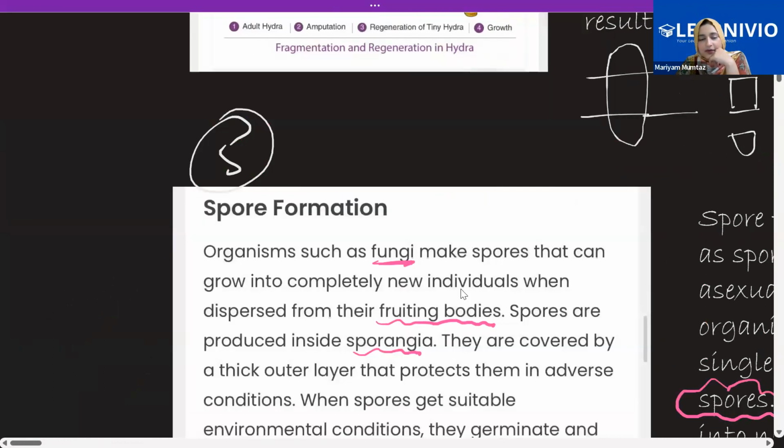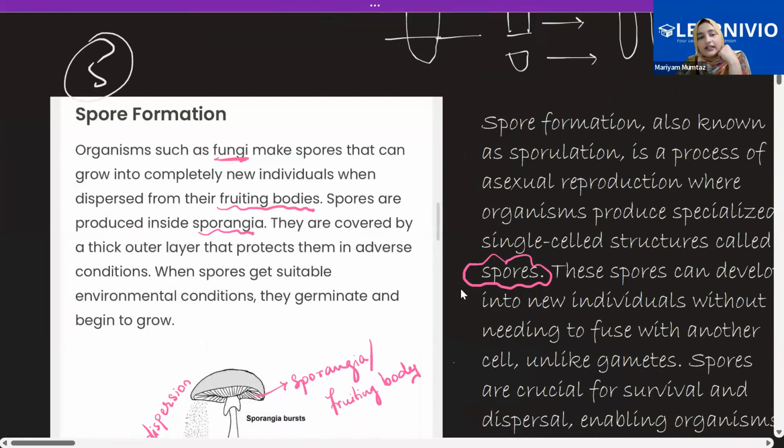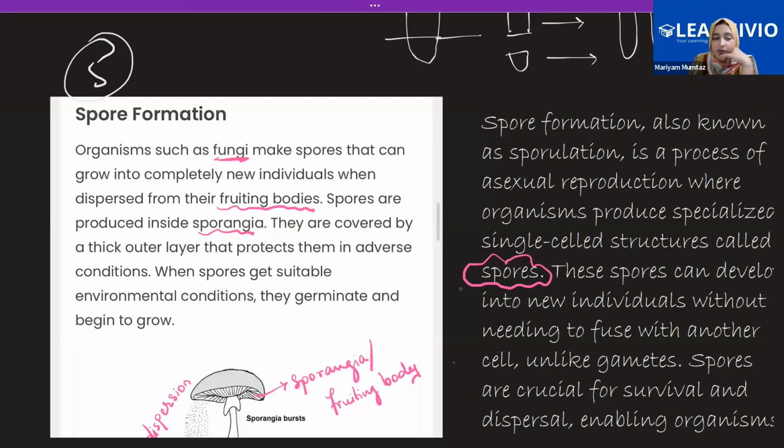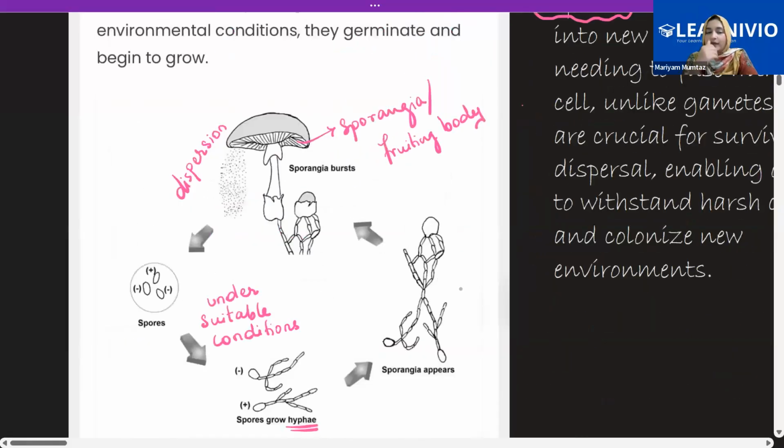Now, the next type of asexual reproduction is spore formation. Organisms, more importantly the fungus, make spores that can grow into new individuals. The spores are made inside a structure called sporangia. If you see over here, this is a picture of a mushroom. Mushroom is a fungus.